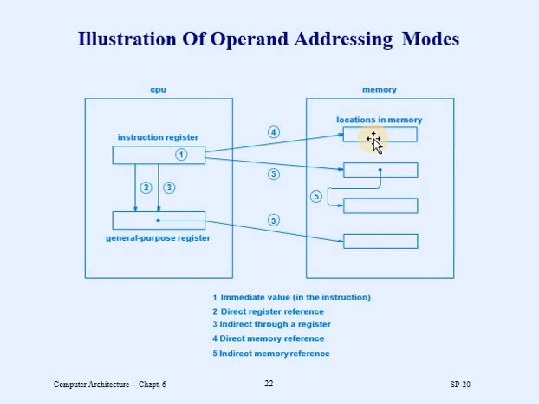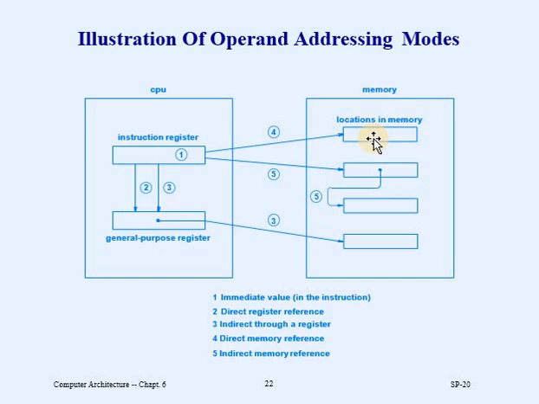The fifth one is the indirect memory reference. In this type of operand addressing mode, first we are given a memory location which we access, and we expect that we will get our operand value readily available over here, but we don't get the value.